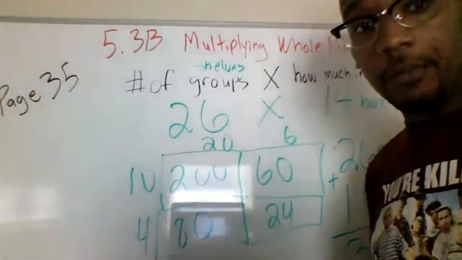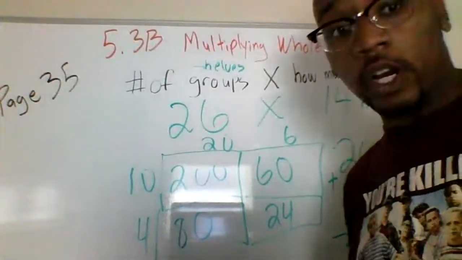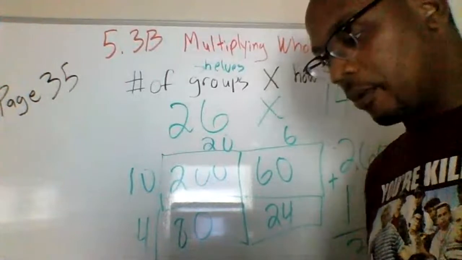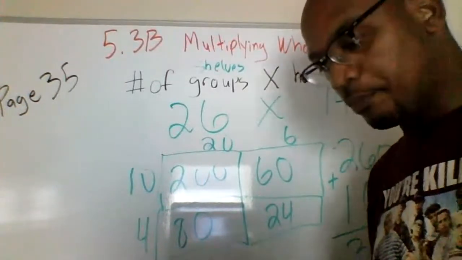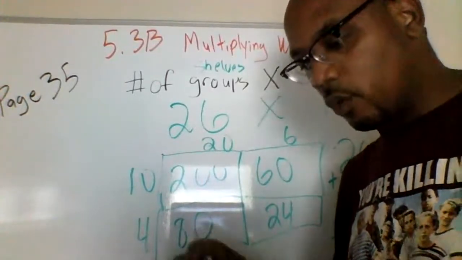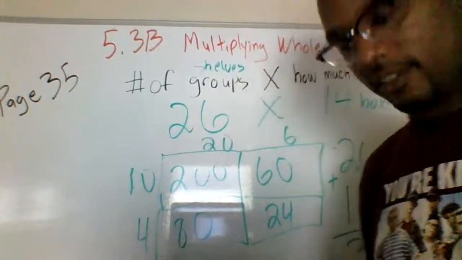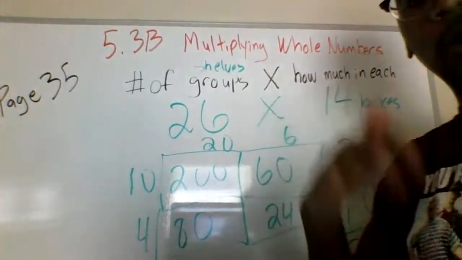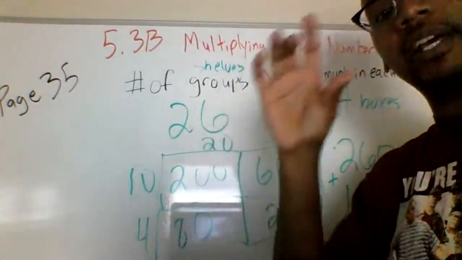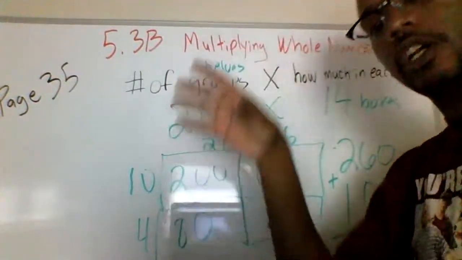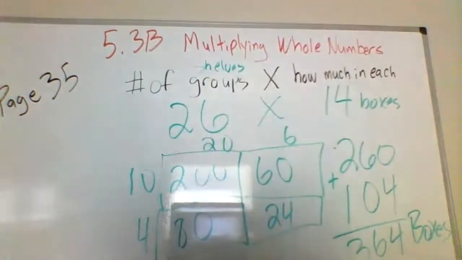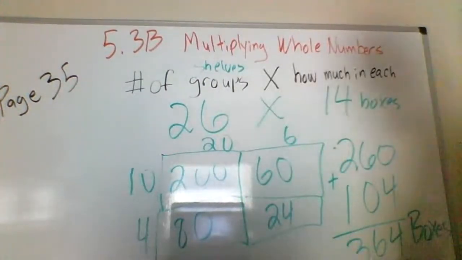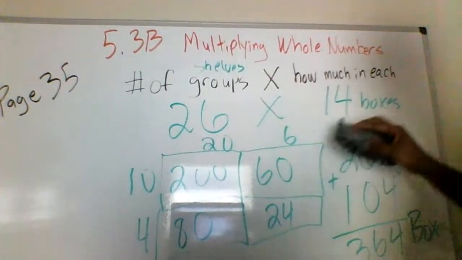But you haven't solved the problem yet because the problem doesn't want to know how many boxes. The problem wants to know if each box weighs 12 pounds, what's the total weight of the boxes? So now I got to take the number of boxes and multiply it times 12 because there's 12 pounds in each box. Again, I have 364 boxes.